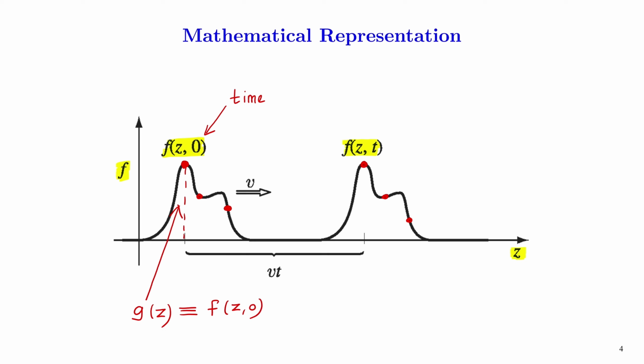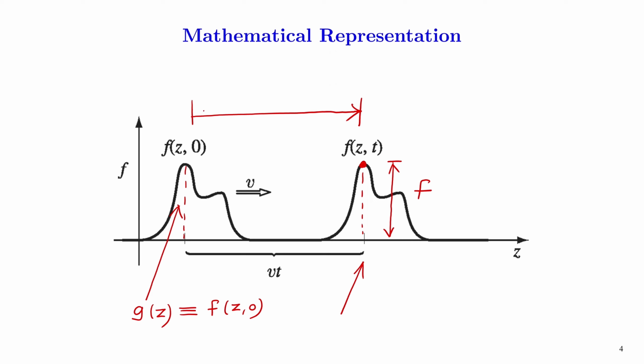Now, what would be the shape of the wave at time t, that is at this particular point? Let us take the amplitude of the point to be f. Now, if we consider a point z minus vt, we can find that the amplitude of the wave is the same and its value is f.